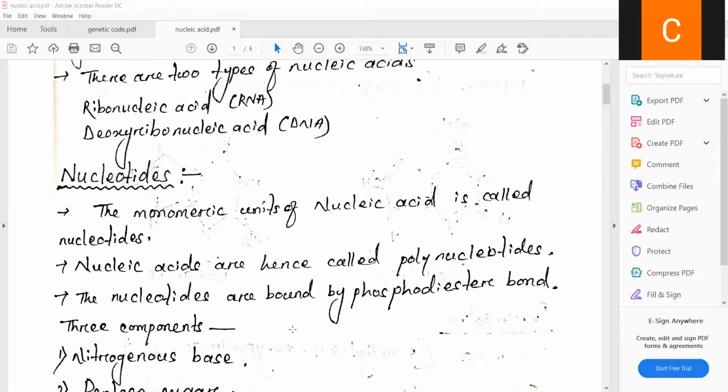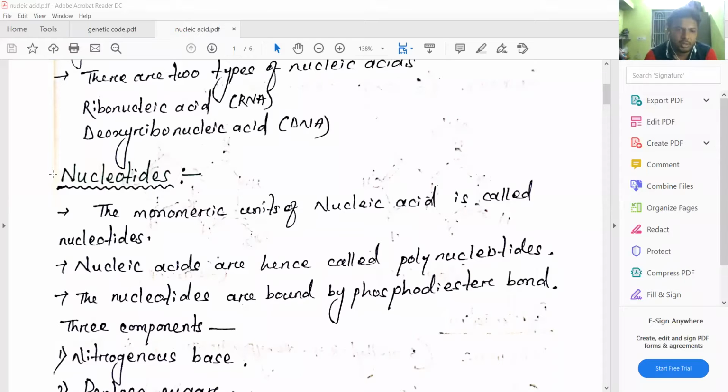These three compounds make up a nucleotide. Nucleoside is devoid of the phosphate group, consisting of only the N base and pentose sugar. So nucleic acids are hence called polynucleotides. These are the monomers of nucleic acids.